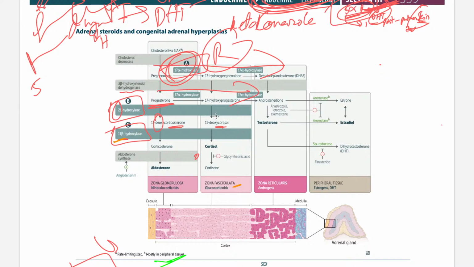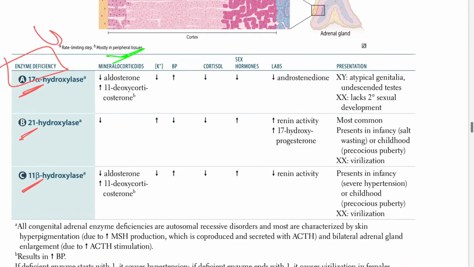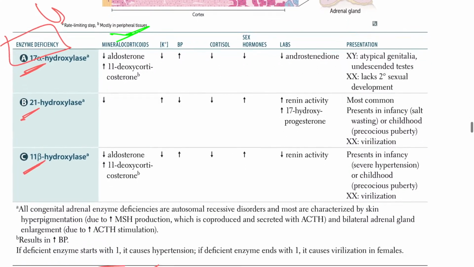So everything deoxy needs 21 hydroxylase. 11 beta is the one which actually forms a proper hormone. Okay, with that, let's look at the deficiencies, and then it's going to make sense.